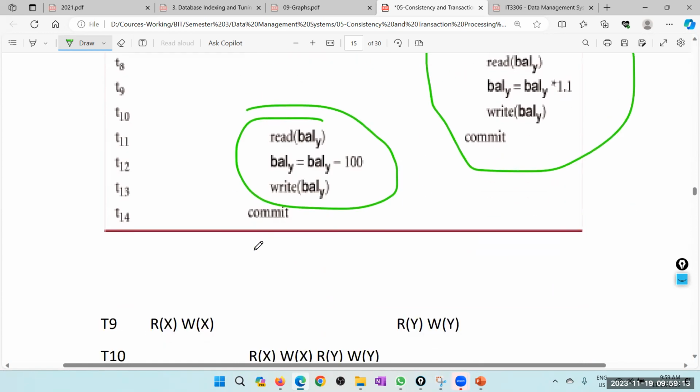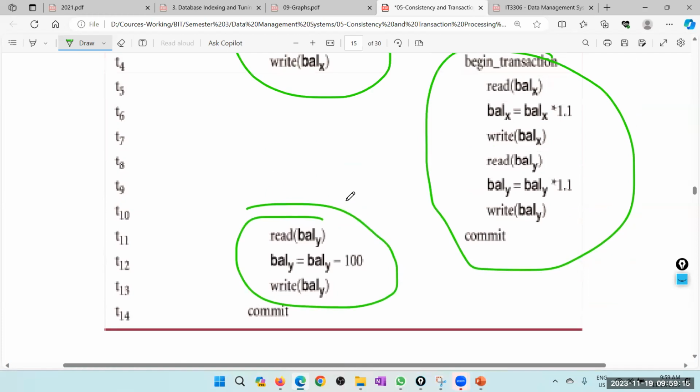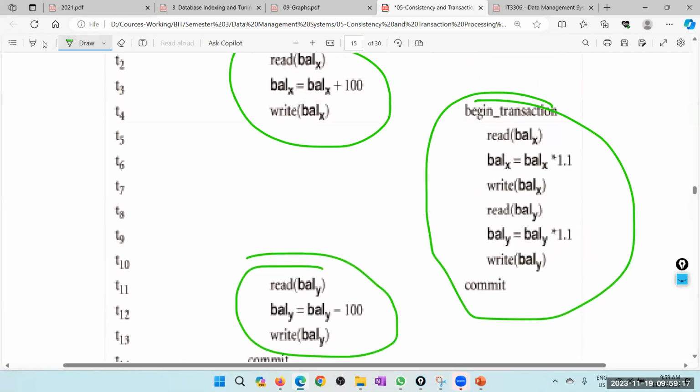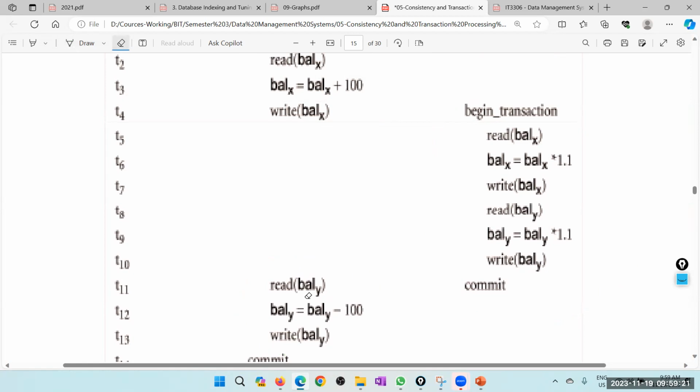Okay. Right. So this is how you do this kind of a question. It's super easy actually. You just remember, we are interested only in read and write operations. So you just write it like a set of read and write operations.